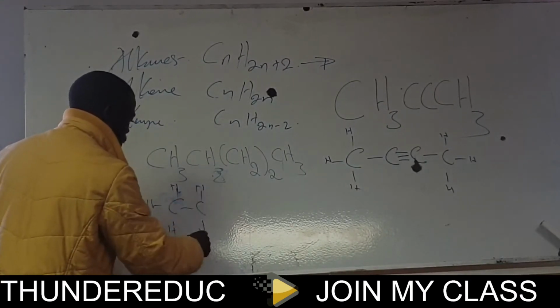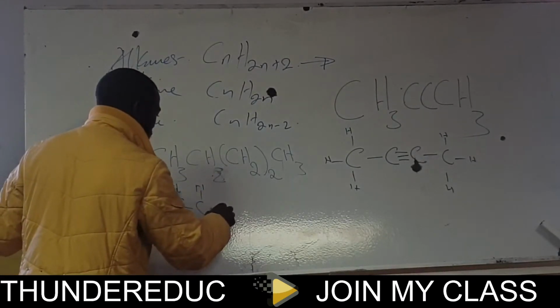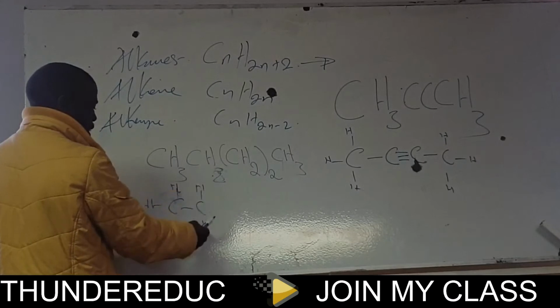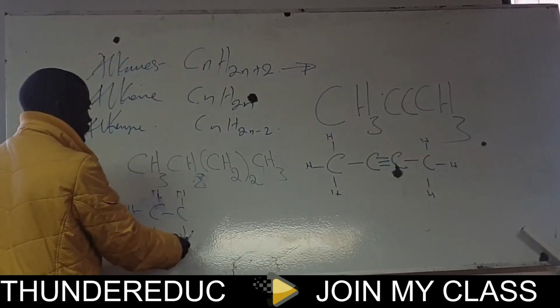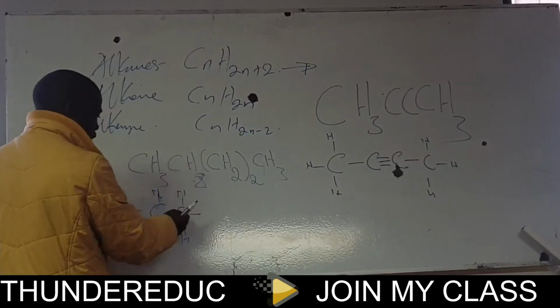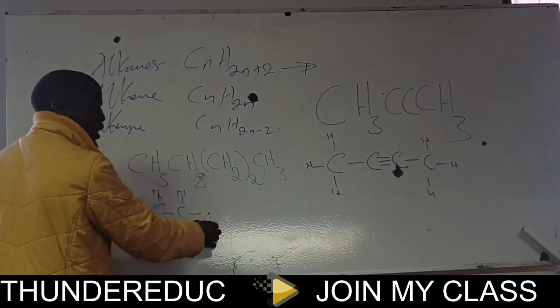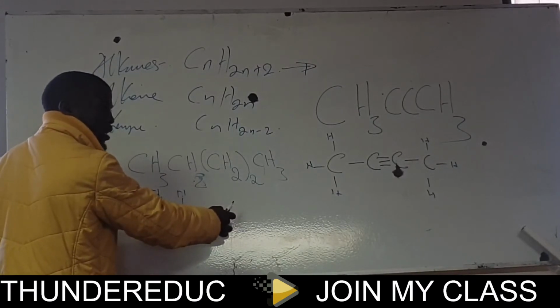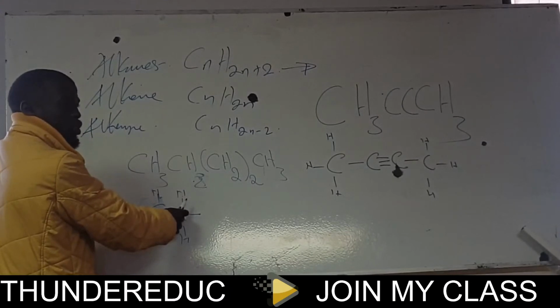CH2. This one is there too. Now, this here is already having 2 hydrogens. And another bond is gonna be joining another carbon. You understand? So you have 1, 2, 3, 4. So it can't be a branch.